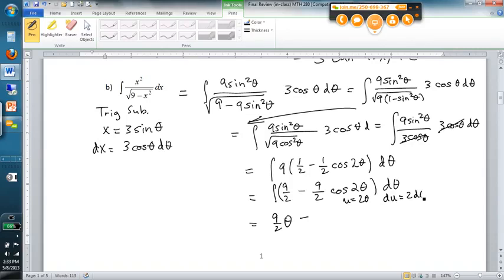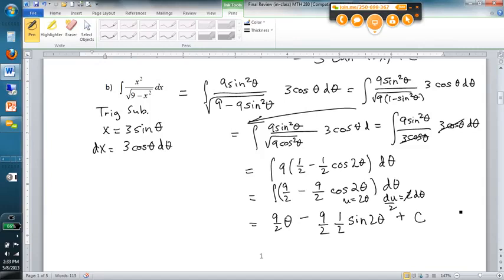So won't that be 9/2 times 1/2 cosine of u, which is sine of u, which is sine of 2 theta, plus C. Which is a pretty good answer, but it's not the final answer.